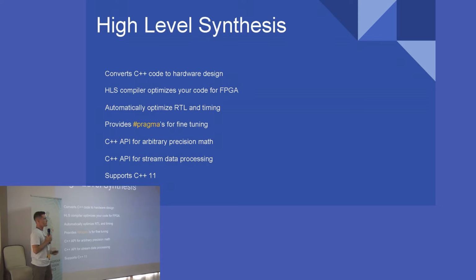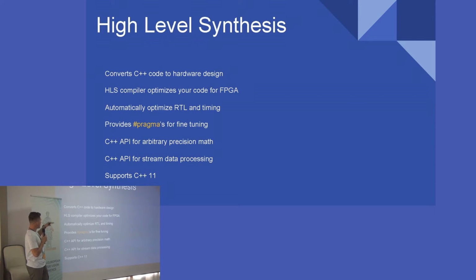You don't have to invest a lot into training people who are aware of integrated circuits or semiconductors, and you can just translate your code into FPGA logic and get a result.